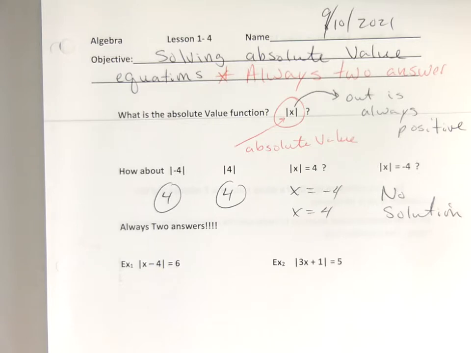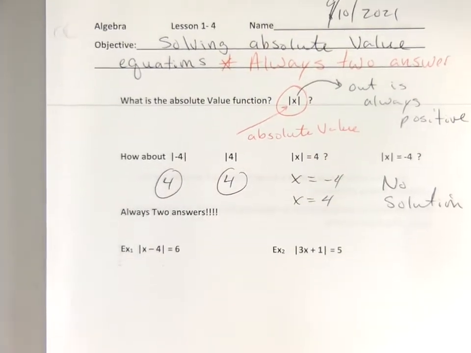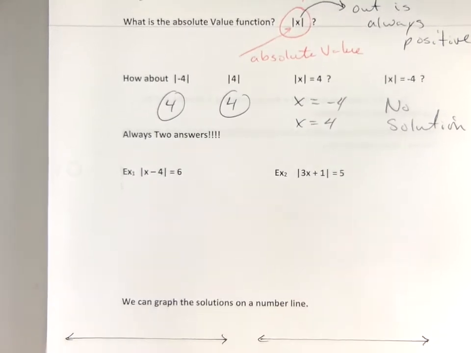Everybody's good? Okay, now, we're going to just change it a little bit, and we're going to solve. So we're going to have 2 solutions. So you know how to solve for x, right? You're just going to have to do it twice, okay? So we know that it can have a positive and a negative value, right?